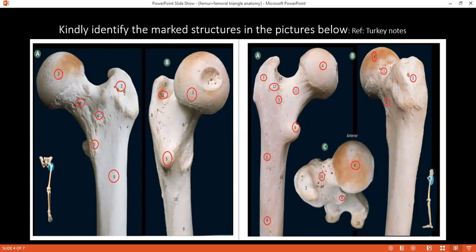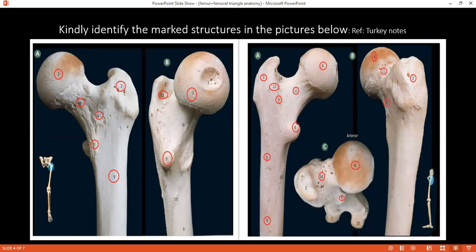The sciatic nerve originates from the lumbar plexus. Please tell me the root value as well. L4, L5, S1, S2, S3.